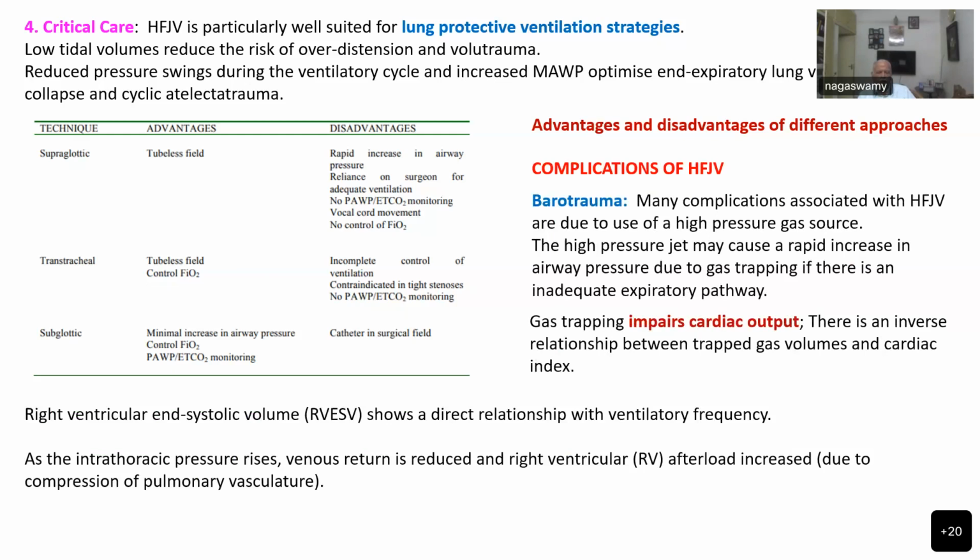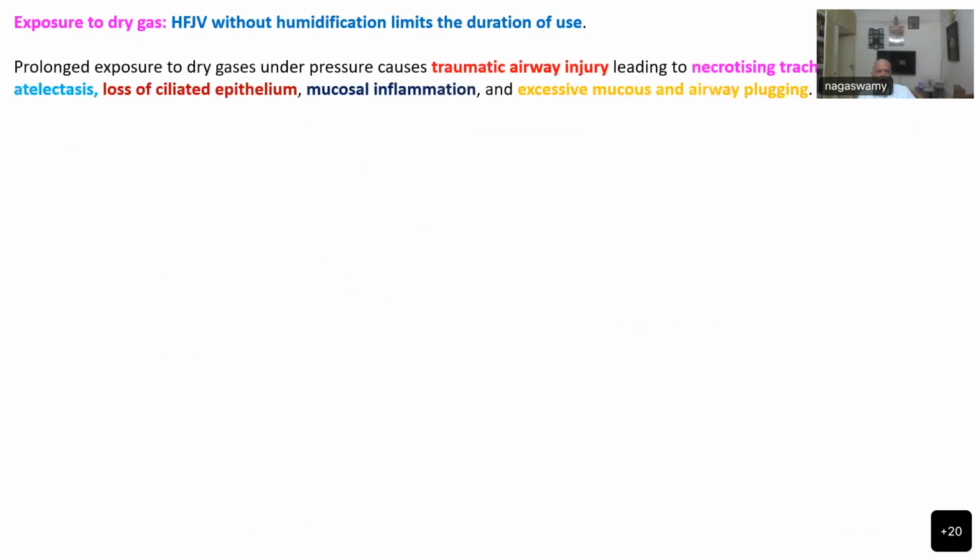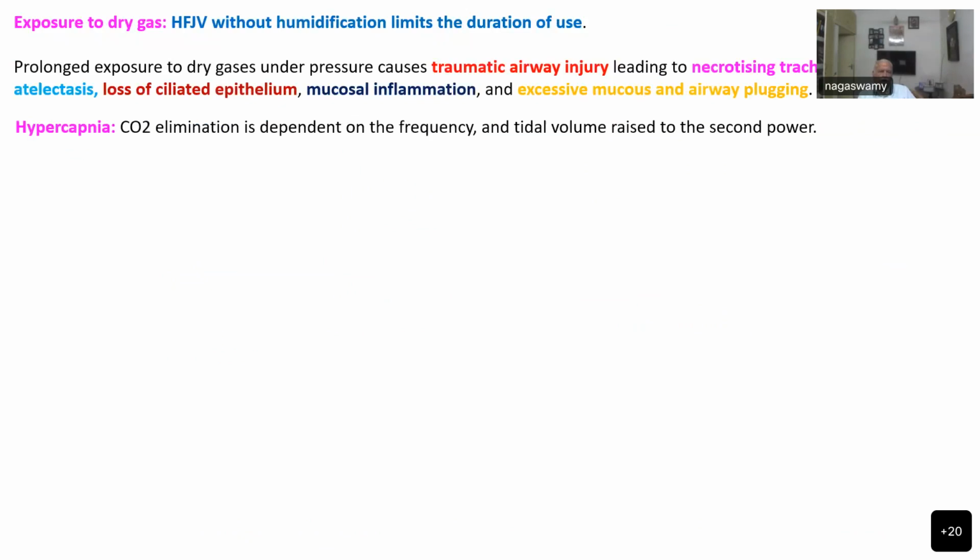And if there is an existing right ventricular problem like in pulmonary hypertension or tricuspid diseases, then you will have acute right ventricular failure on the table. So weak RV fails to cope with this increased afterload, and there may be complete loss of cardiac output. And exposure to dry gas, some of them have humidifications nowadays, but the earlier ones were not having humidification. So because of that, you can cause necrotizing tracheobronchitis, atelectasis, loss of ciliated epithelium, mucosal inflammation, excessive mucus and airway plugging. All these things can happen.